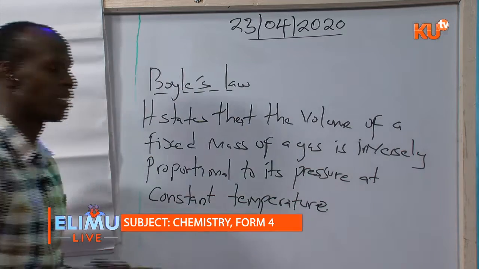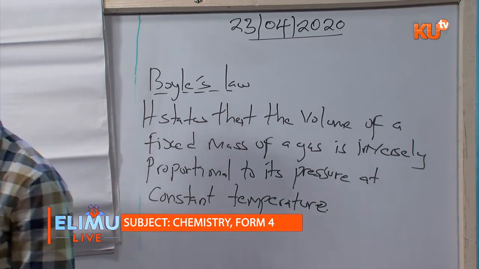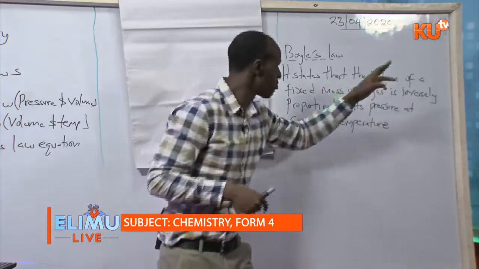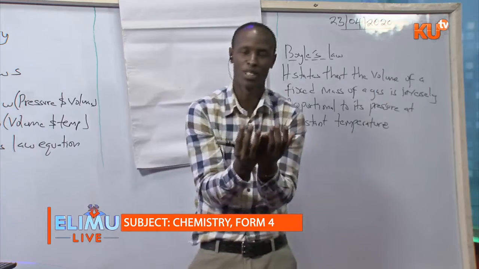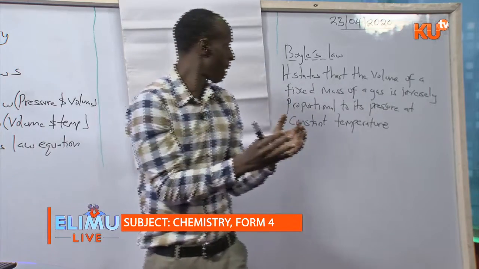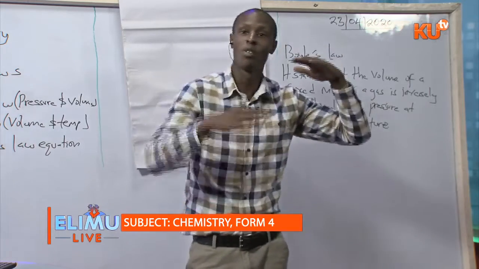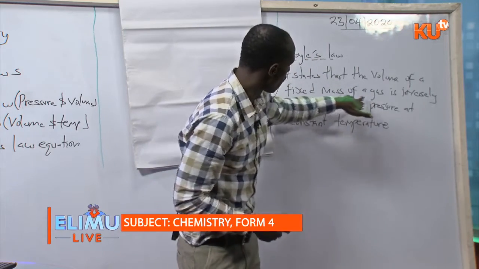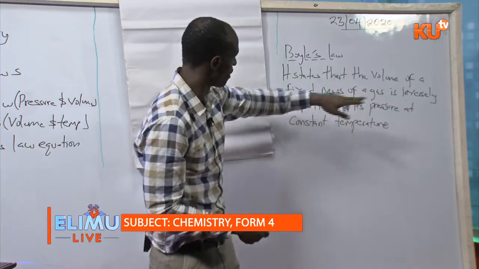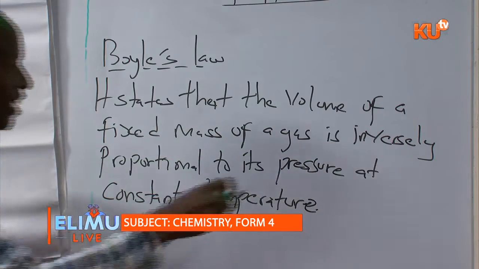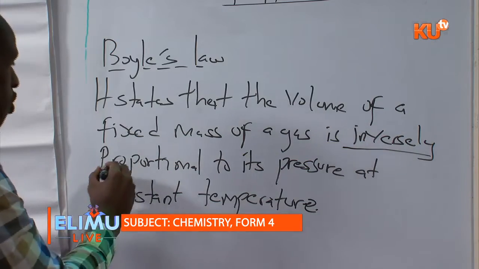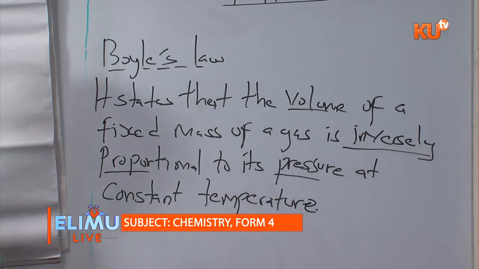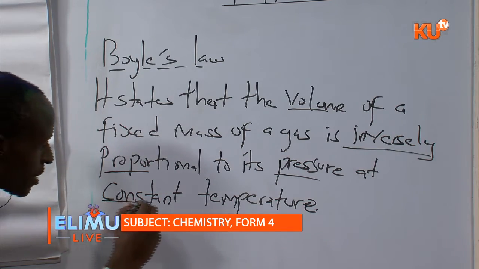That's why I was insisting on understanding the words inversely and directly. So what does it mean? If I have a fixed mass of a gas and I have its volume, the moment I increase the volume, the pressure will decrease because of Boyles law, which states that volume is inversely proportional to its pressure at constant temperature.